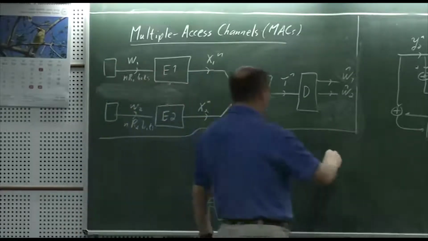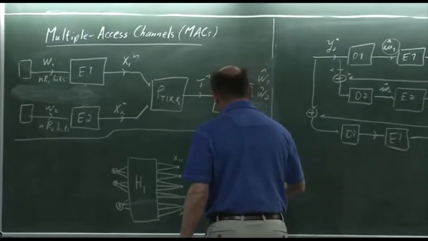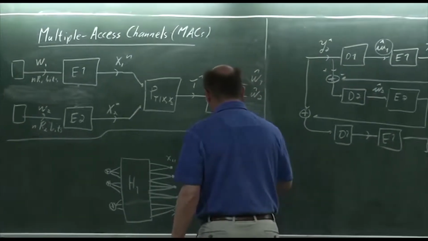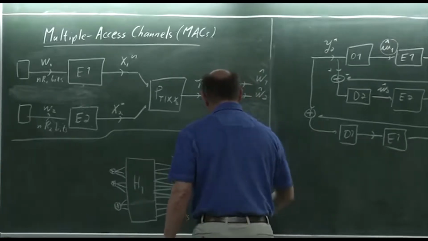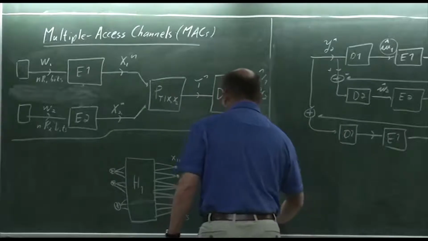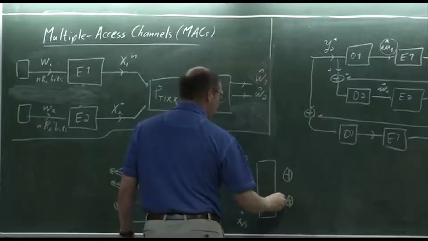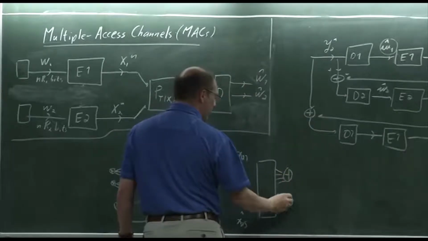Well, if the second user also uses a code, we have the same thing, right? So we have this structure, so we'll also have 5 symbols, x21 to x25, and you have the same kind of picture. Maybe this code here has a higher rate, so it has fewer parity checks.